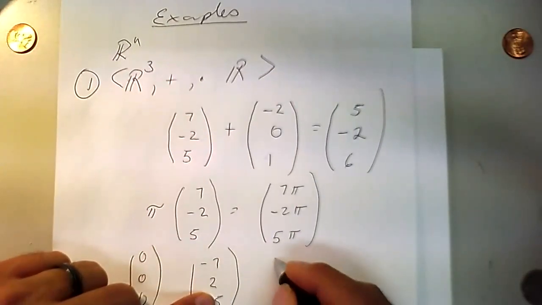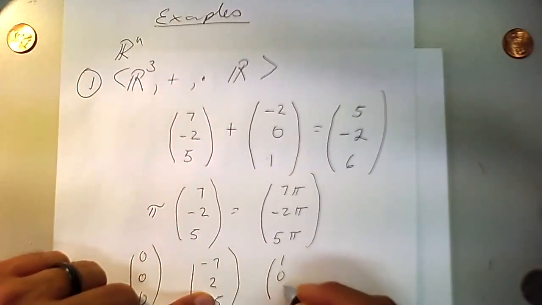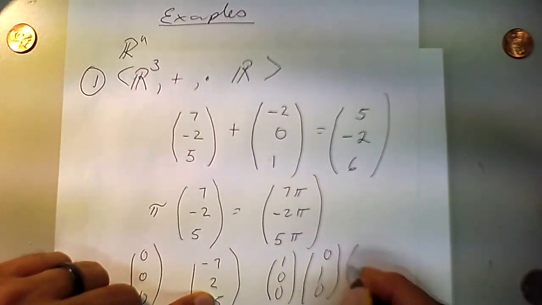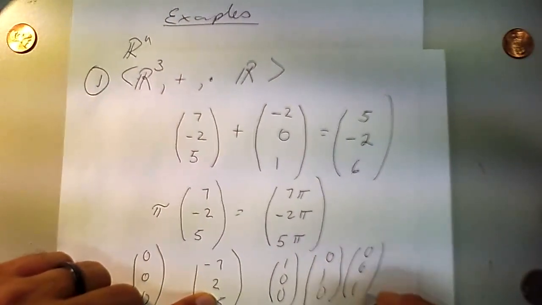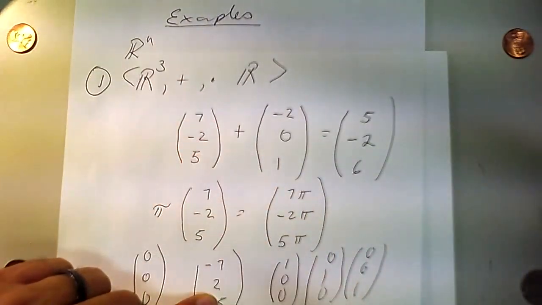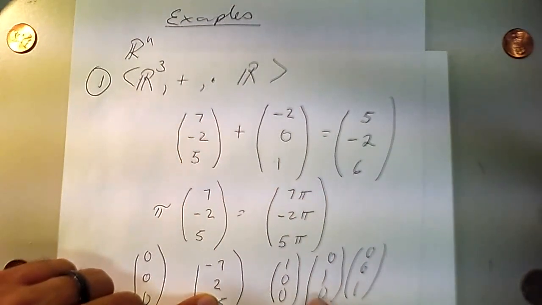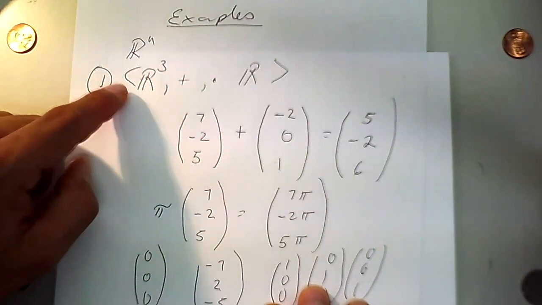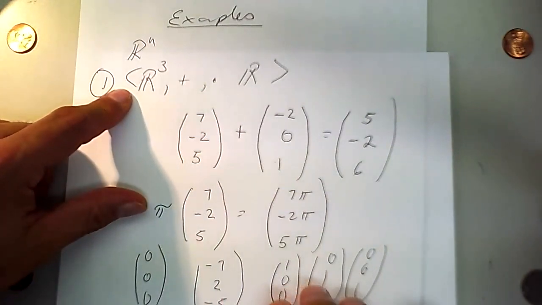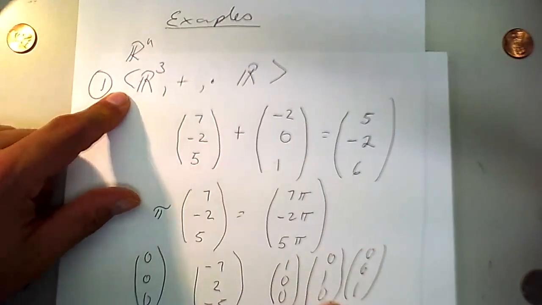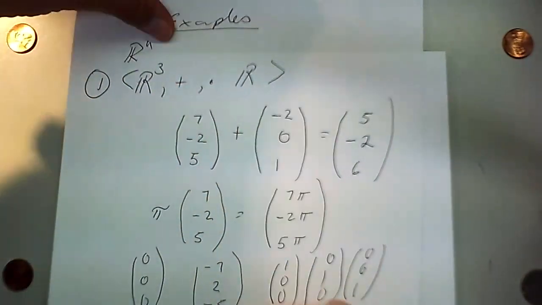So the vectors that span R cubed would be 1, 0, 0, 0, 1, 0, and 0, 0, 1. Those 3 vectors can produce any of those while being linearly independent. If we find a set of vectors that can span all of the vector space while being linearly independent, then the number of those vectors gives us the dimension of the vector space, in this case 3.